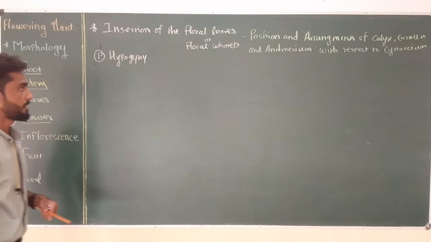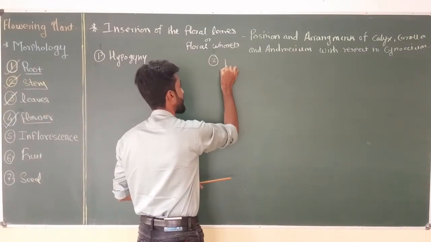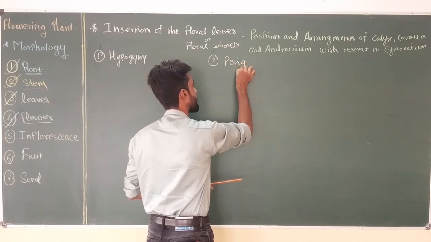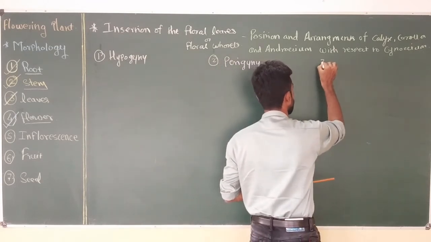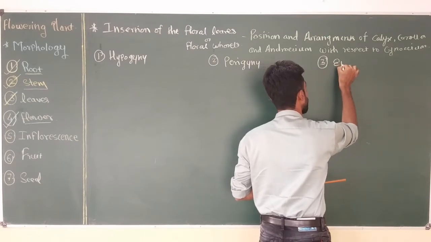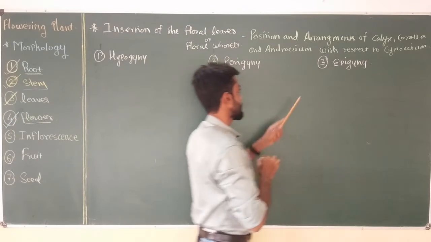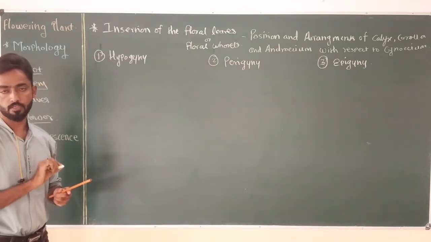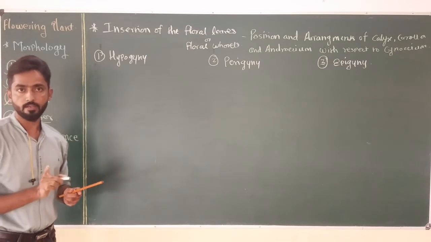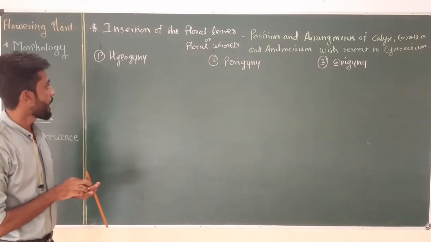Okay, the next type of insertion is perigyne, and the last type is epigyne. So these are the three different types of floral insertion, okay, which are found in the angiospermic flower. Okay, so first is hypogyne.